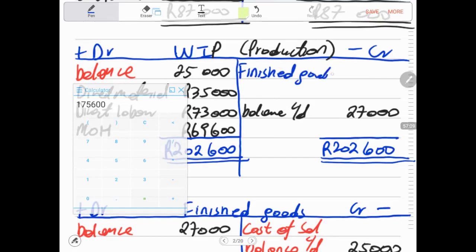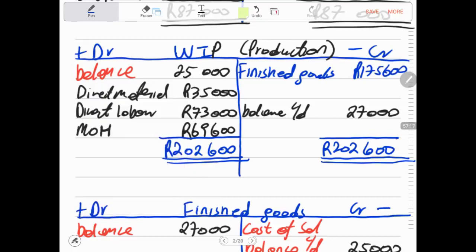This is finished goods. So now our finished goods becomes 175,600. So now we need to deduct the closing work in process from the value of the work that was in process during the year.